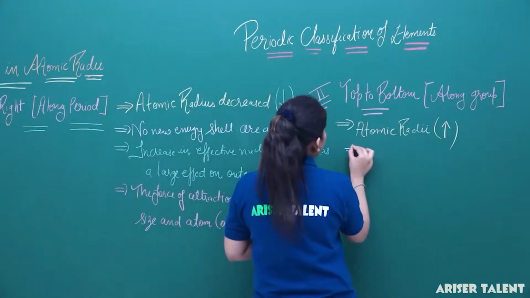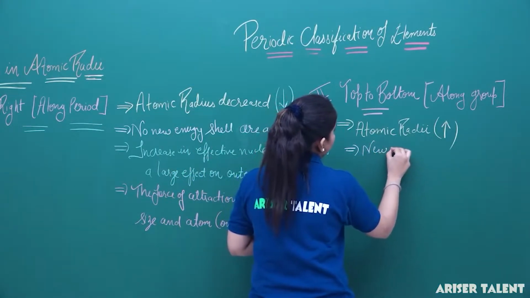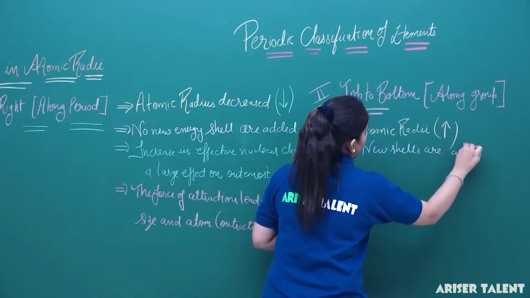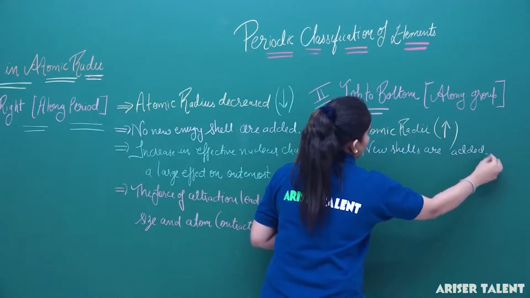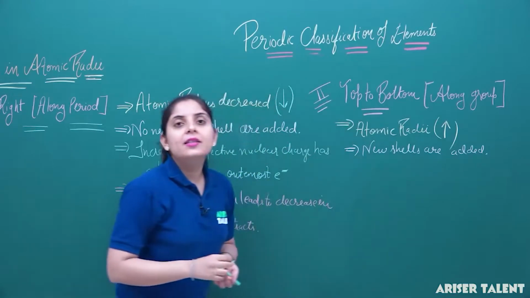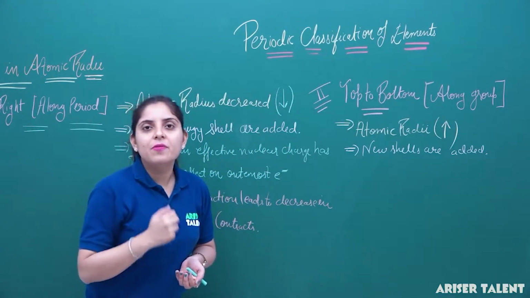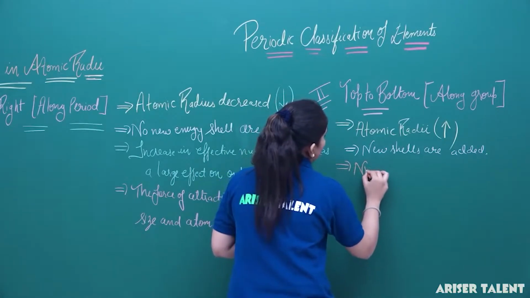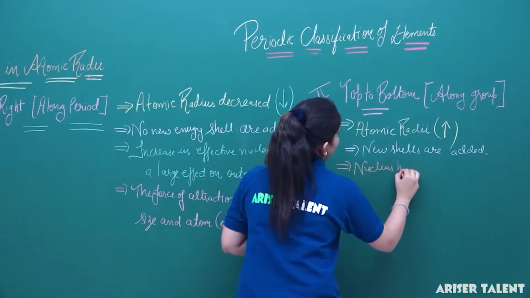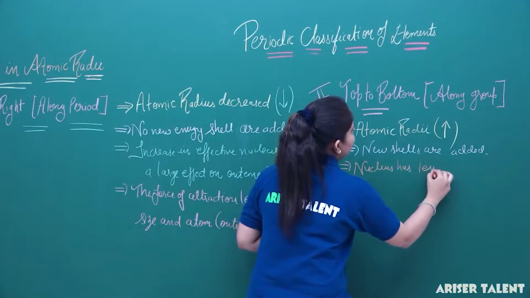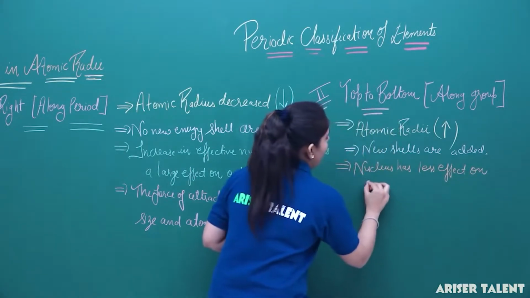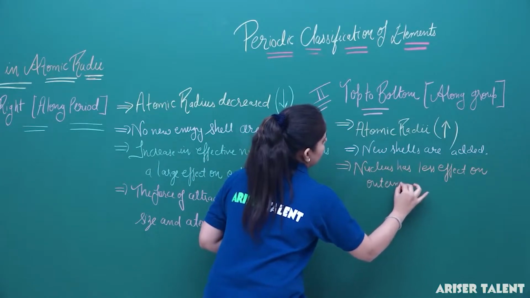Because new shells are added, the nucleus has less effect on the outermost electron.